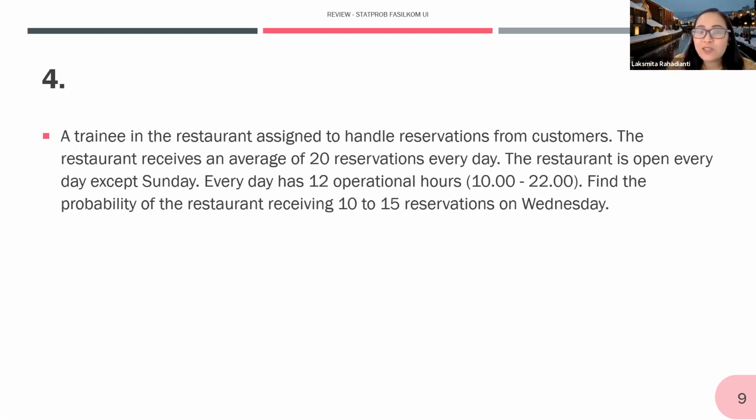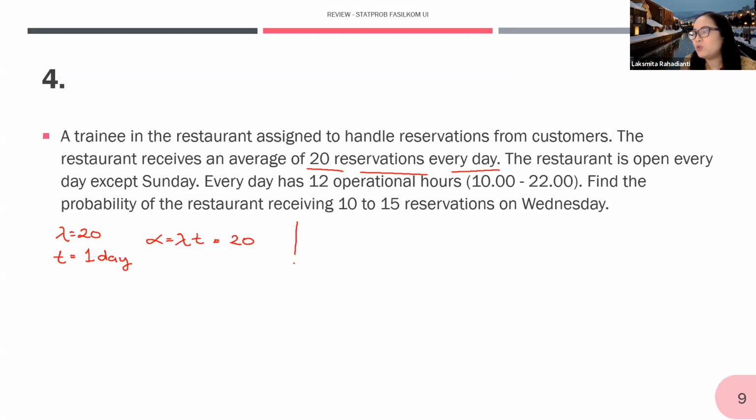So we know that there is a rate. Let's see. The restaurant receives an average of 20 reservations every day. So here, I know that the rate is 20 for the interval of 1 day. So I can now compute alpha as the multiplication of lambda and t, and I can obtain alpha as 20.